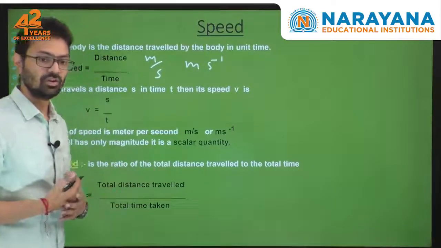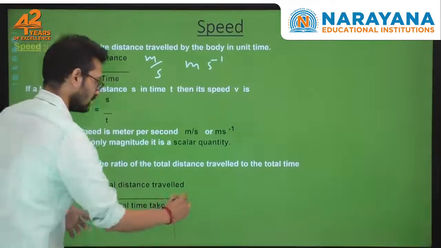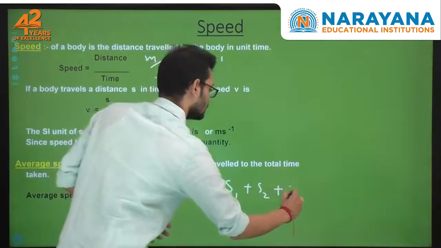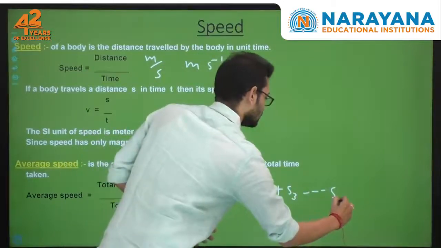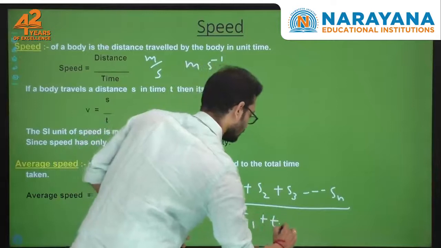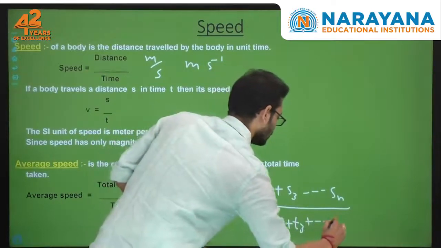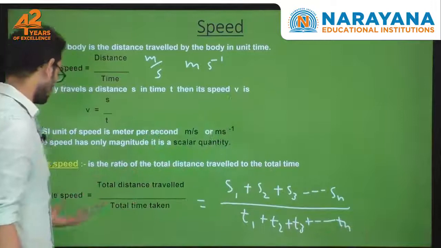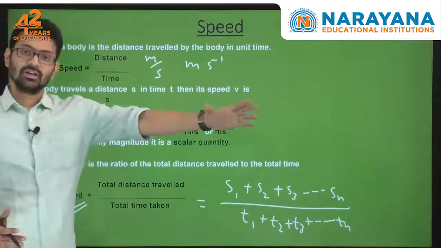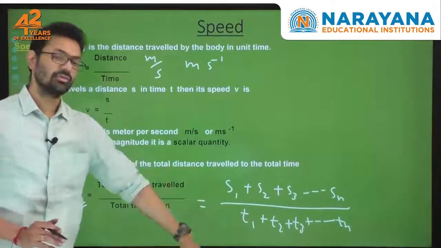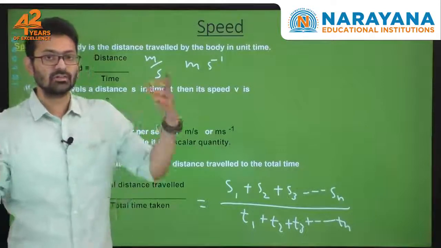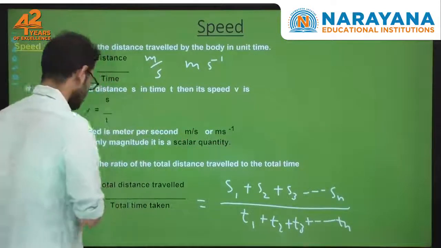Then you can calculate distance 1 plus distance 2 plus distance 3 and so on up to distance n, by the total time, t1 plus t2 plus t3 and so on up to tn. This is called average speed. So finding average speed is summing up all the distances and dividing by the total time taken to complete your journey from the starting to the ending.